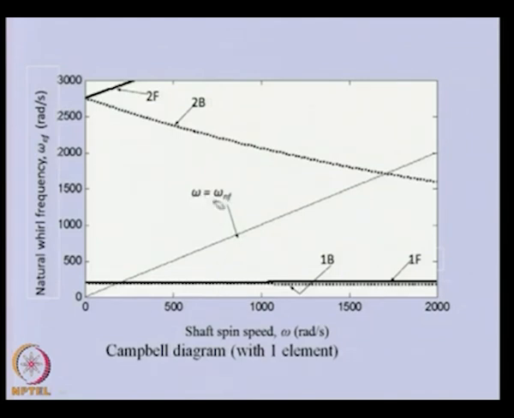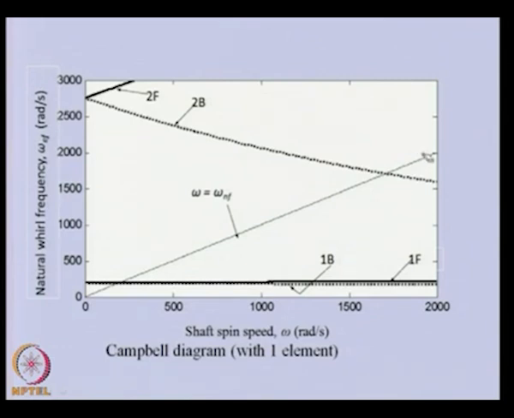So, wherever this line intersects these curves, they will be the critical speeds. So, here we will have critical speeds corresponding to the forward whirl and backward whirl. Similarly, here we will have one corresponding to the backward whirl, but we found that for the second there is no intersection. So, the second natural frequency is not feasible.